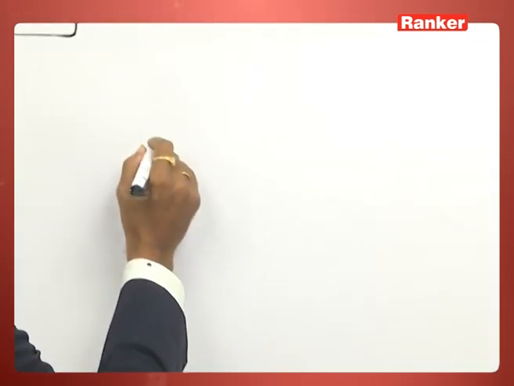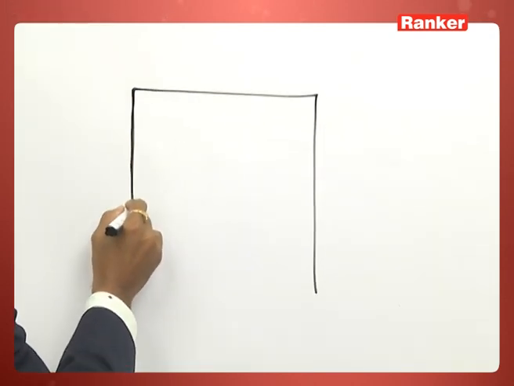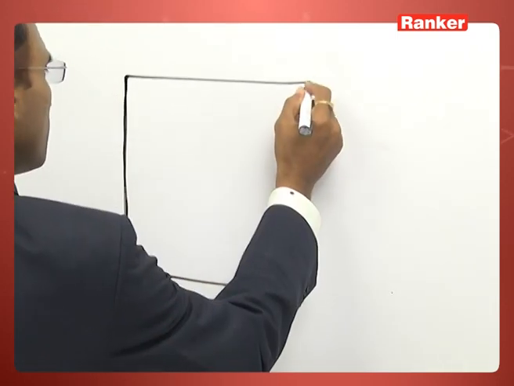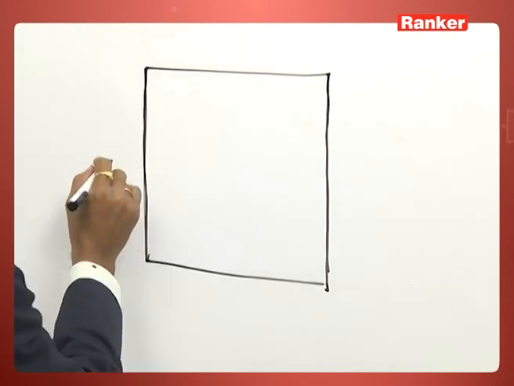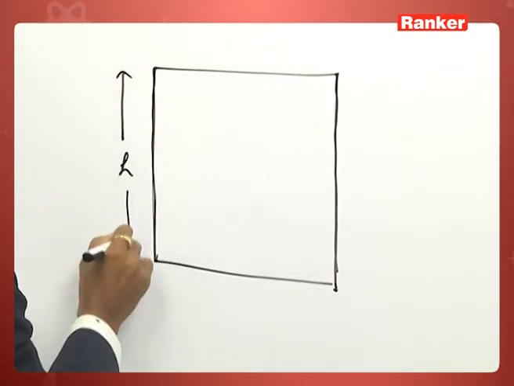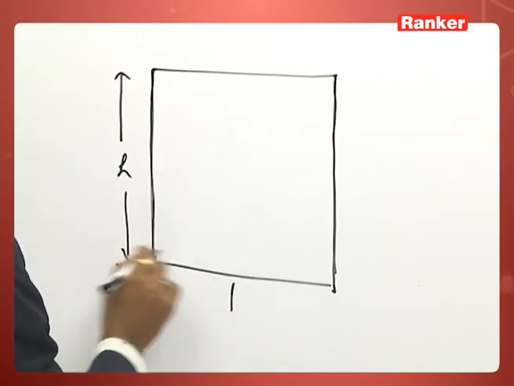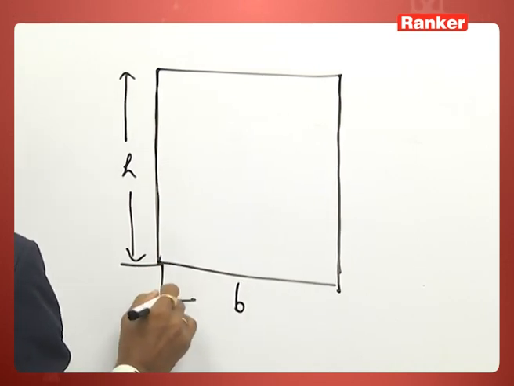For the sake of simplicity, you take a cubical box of height h and breadth b.